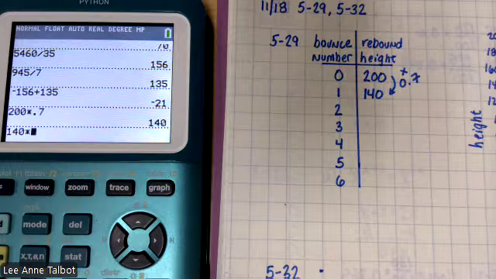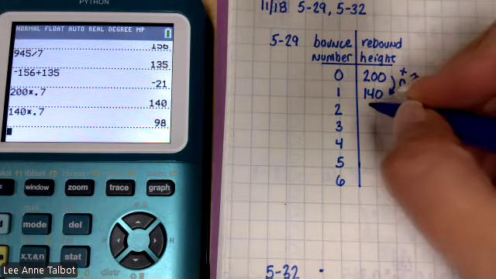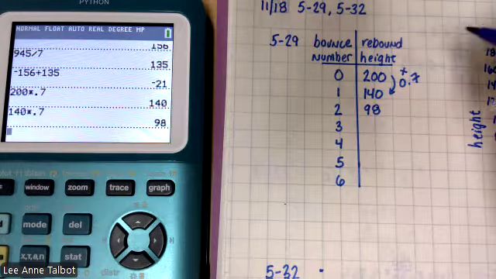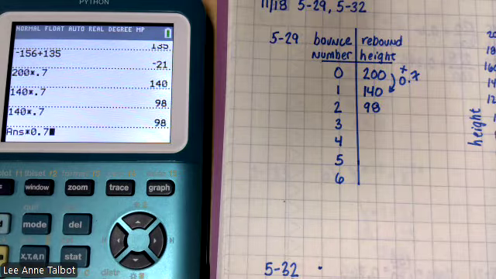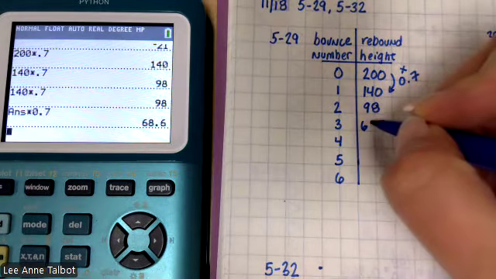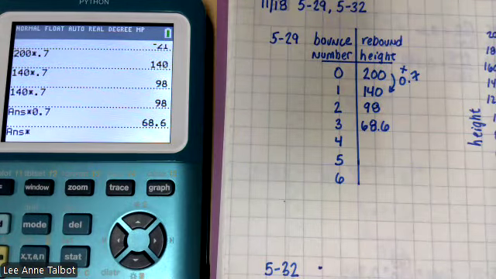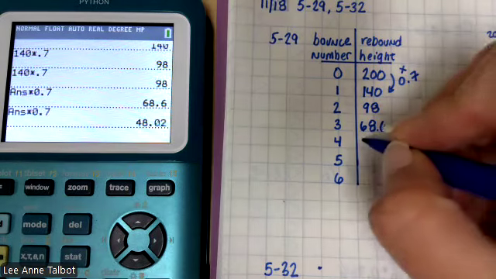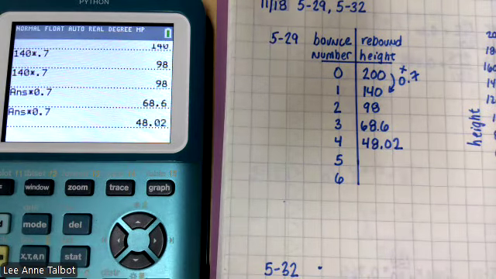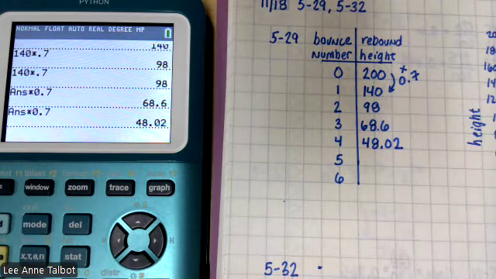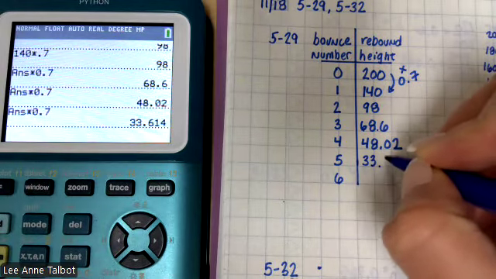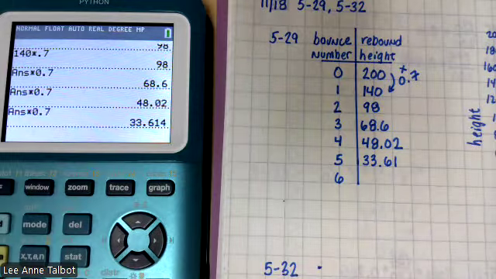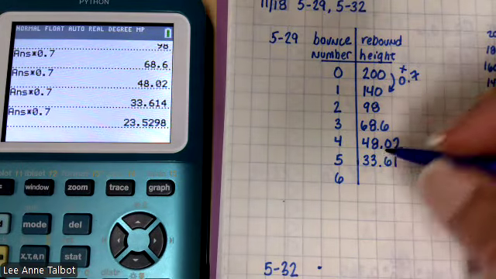So 140 times 0.7, times 0.7, times 0.7, times 0.7.